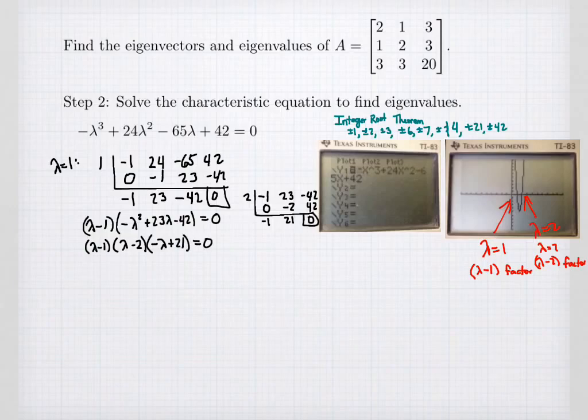By peeling off these two roots, lambda equals 1 and lambda equals 2, and factoring them out, we find our third root. So we have lambda equals 1, lambda equals 2, and lambda equals 21. These are my eigenvalues.